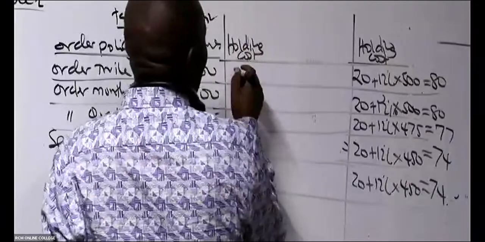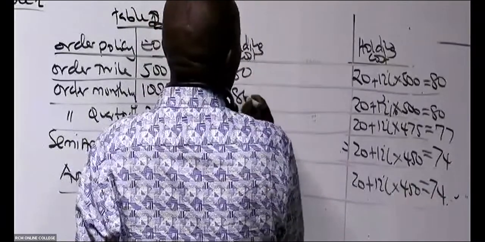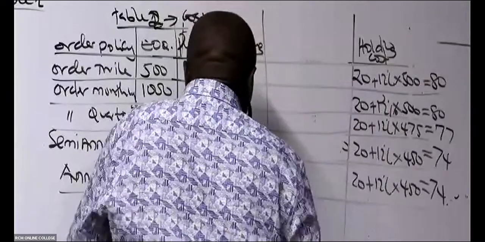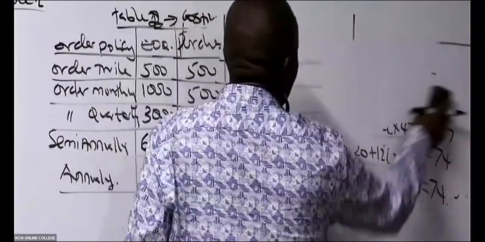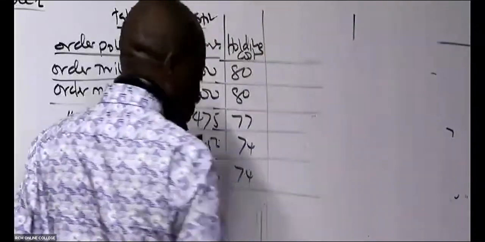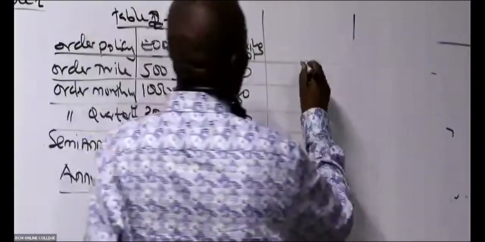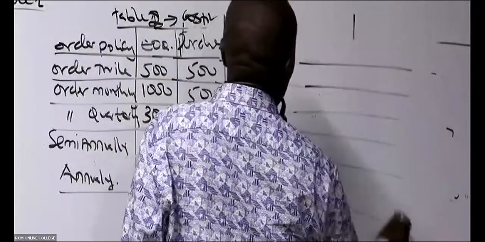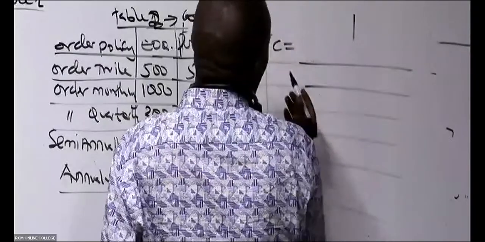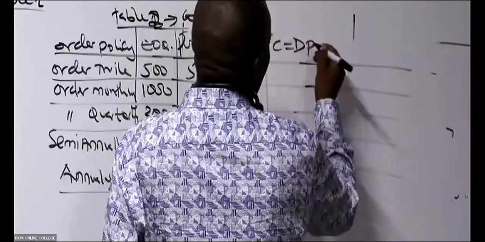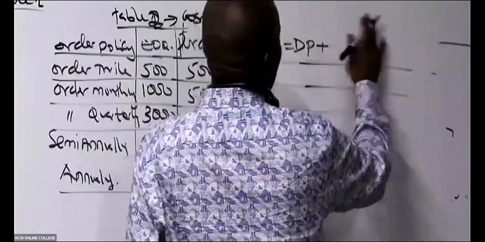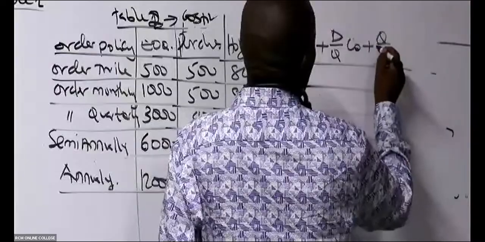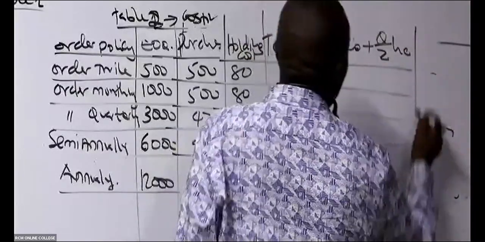So holding cost without any calculations, 80, 77, 74, 74. And then now we have our total cost. So total inventoriable cost, we know it is DP plus D over Q, CO plus Q over 2, HC, like that.